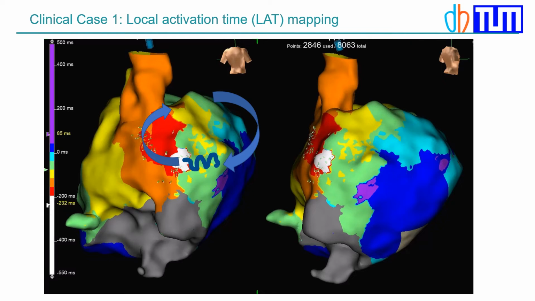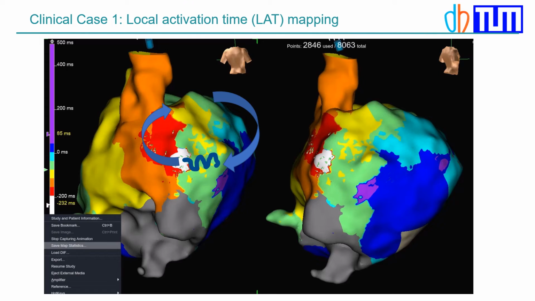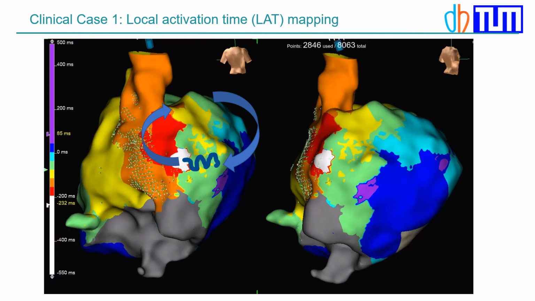If you look at these vectors, which delineate the activation front, you can appreciate that the vectors are going around and they're almost disappearing here. So even this very high-density mapping catheter has problems detecting these very slow signals here, but that's the critical isthmus.